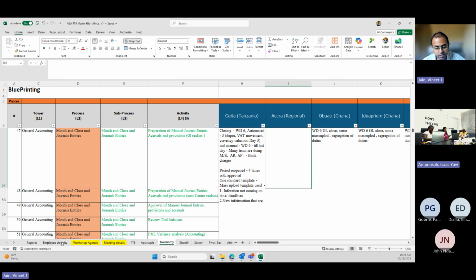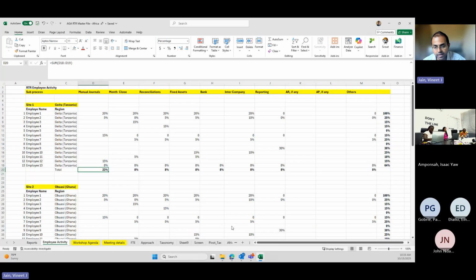That's why I requested this file, because it will show what this person is exactly doing, if they are doing the AP/AR, and if they are doing the journal entries. So I will understand this and calculate how many FTEs are only for the manual journal entries.